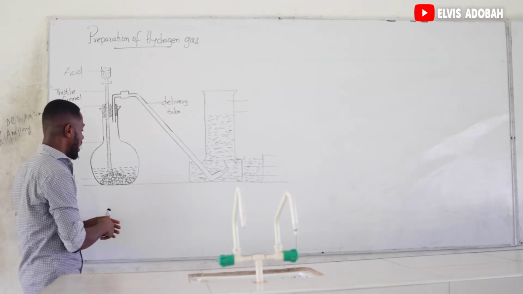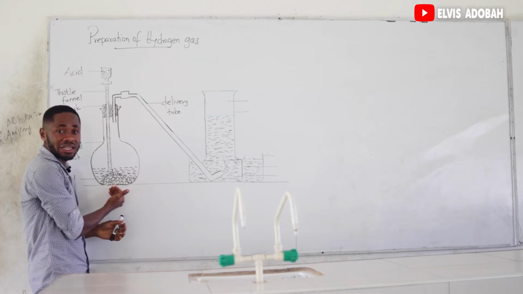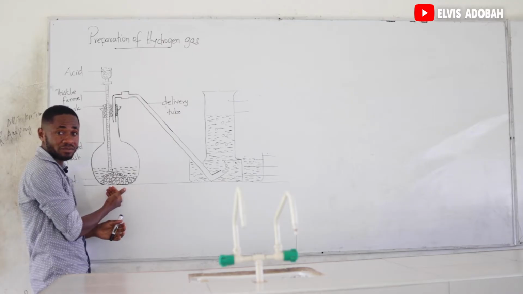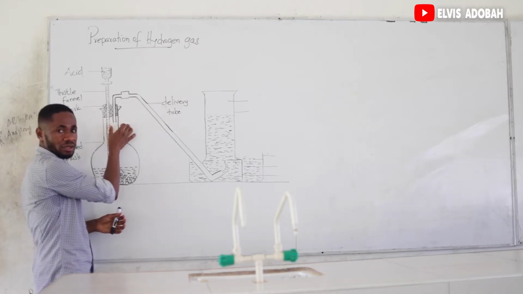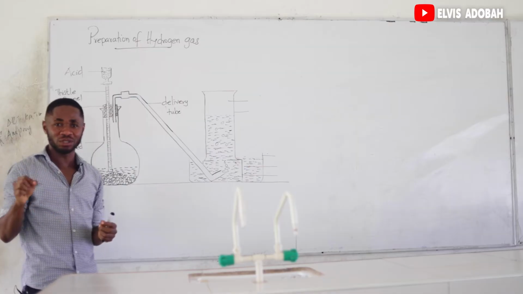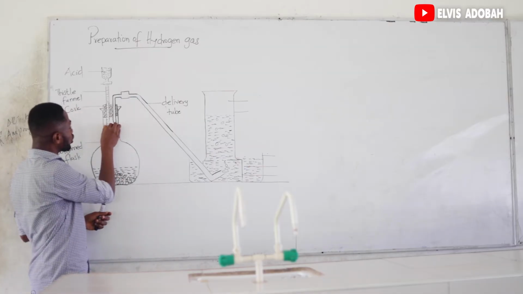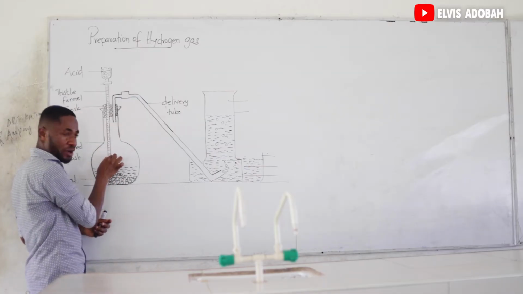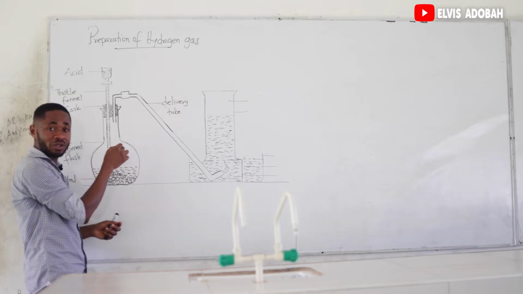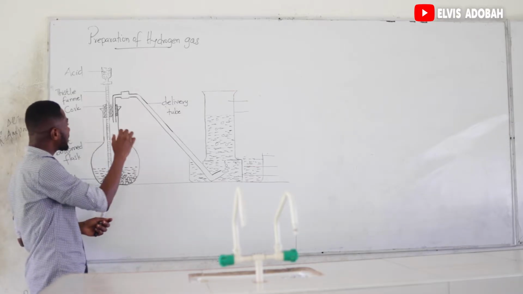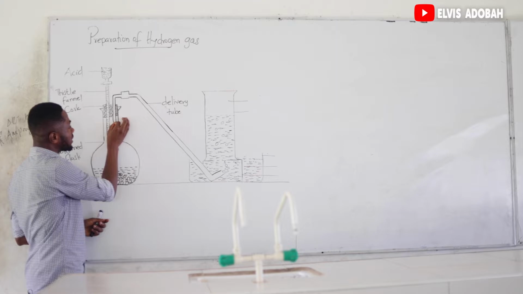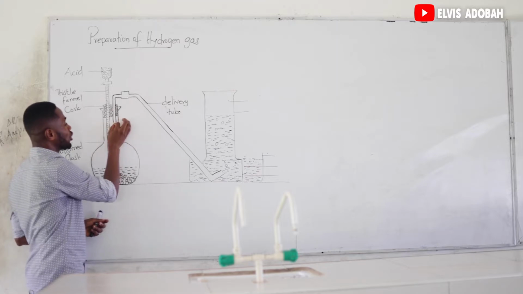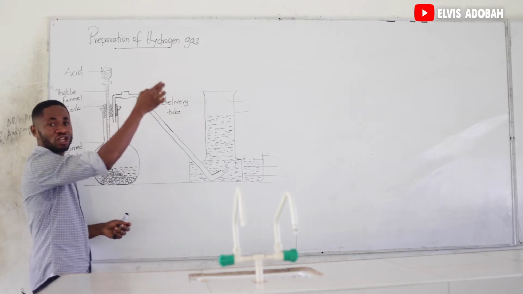So we place our metals first inside our flat bottom flask. We cork it, and the cork we use has two holes inside. In one of the holes, we are going to fix our thistle funnel, that is the funnel with a very long base. And in the other hole, we are going to fix our delivery tube.